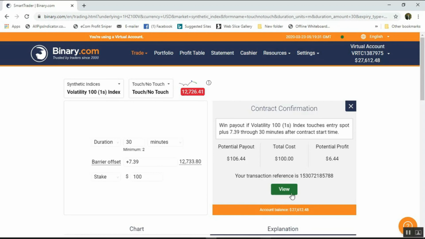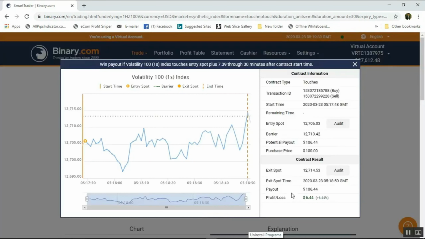Now let me view it back again. I stake that the market is going to touch above. Now the market moved and touched above, and I made my $6 profit. Then if the market begins to range around this area and play around, you can close it up in profit.